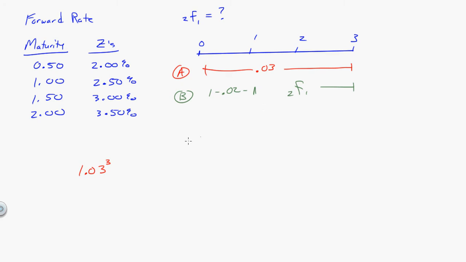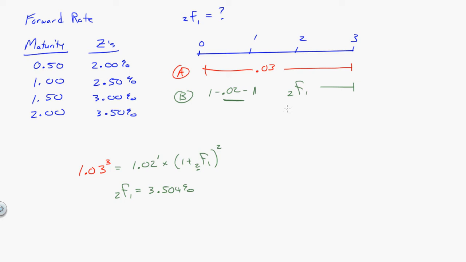This will equal 1.02 to the first, because I just invest here for 1 period, times 1 plus this unknown forward rate. I'm investing that for 2 periods, so that's squared. Alright, so when I do the math here, 2F1 is equal to 3.504%.